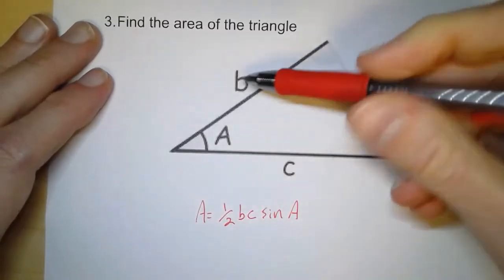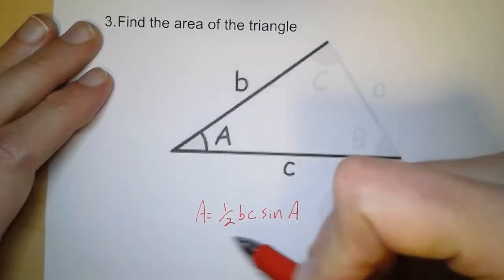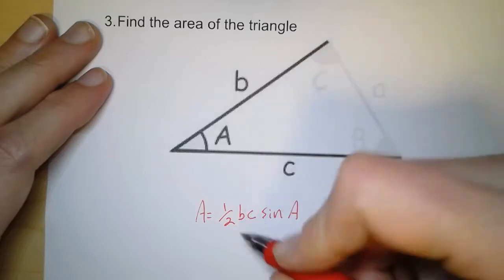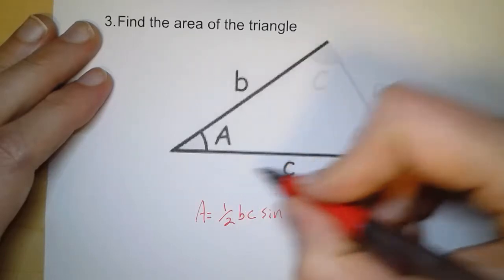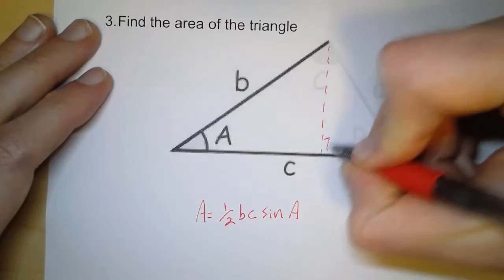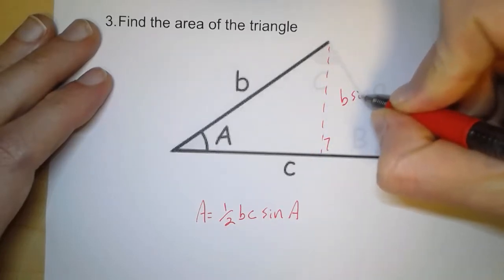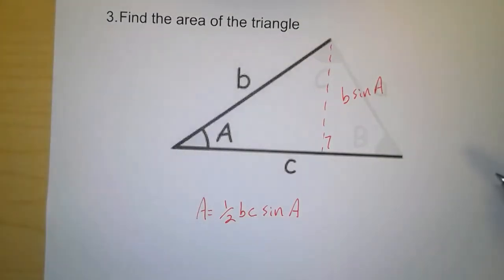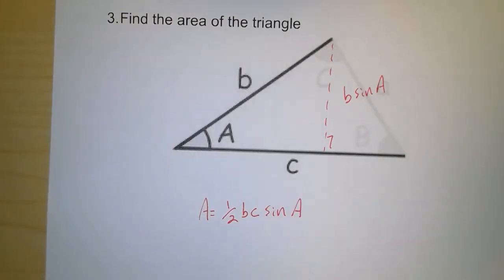And so anytime we have two sides and an angle, we can always use this formula because what this does is this allows us to say that C is the base, and the height is really B times sine of A. So we're not really abandoning the 1/2 base times height formula from geometry. We're just using it to our advantage here by drawing down the altitude.